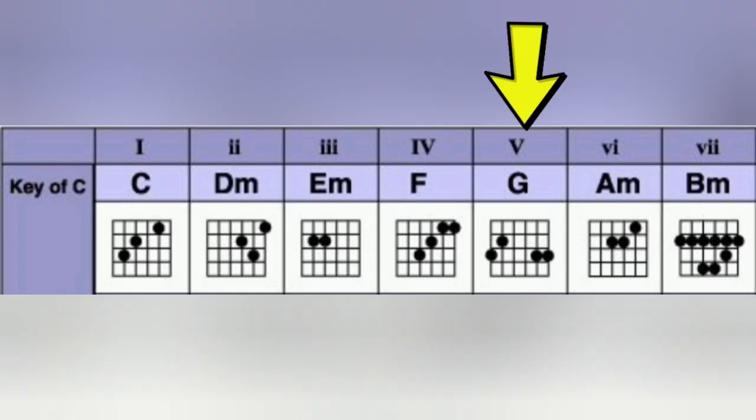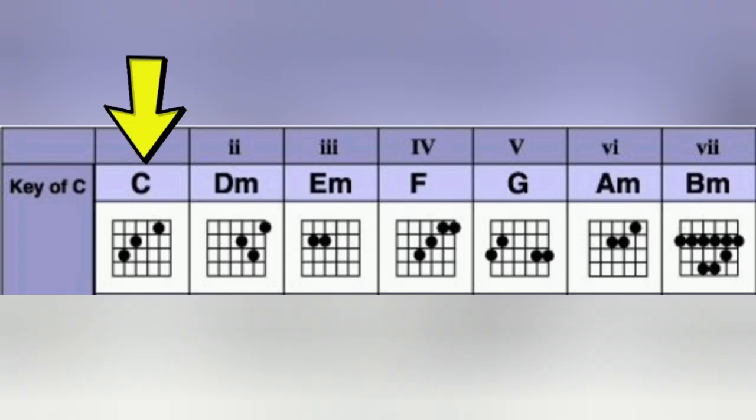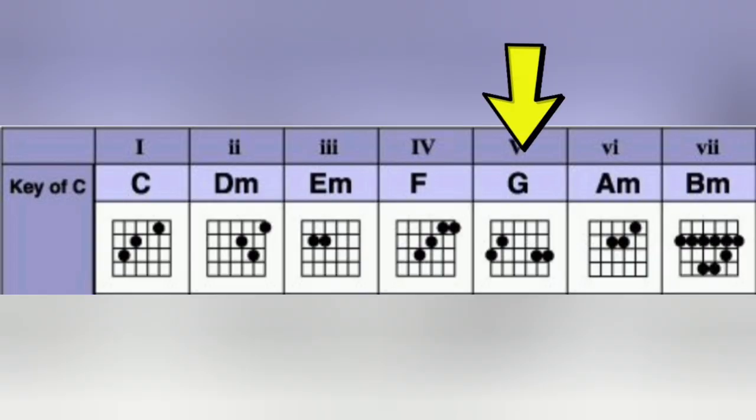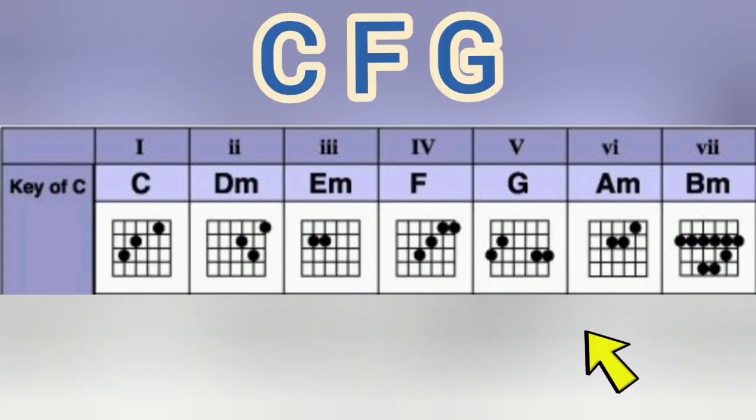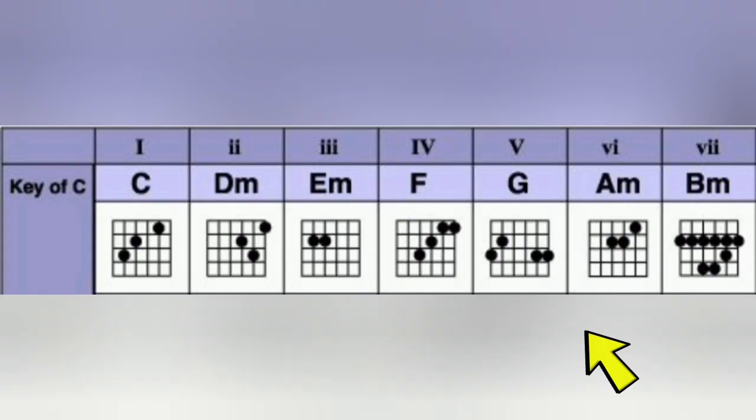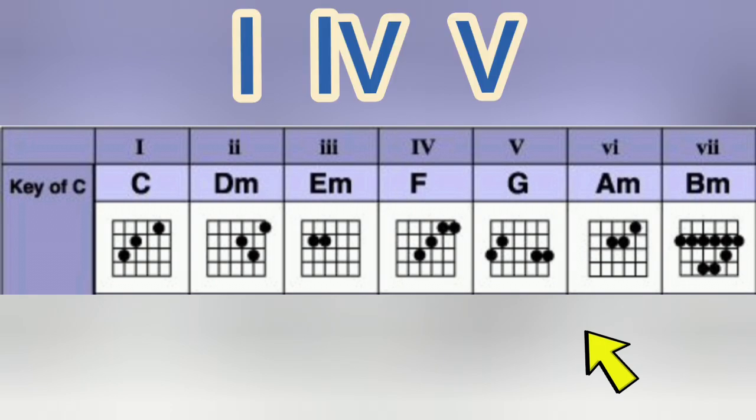It's another way of saying C, F, and G. So you see it in written music and they are used interchangeably. So you can decide to write C, F, and G, or write 1, 4, and 5. It's the same thing.